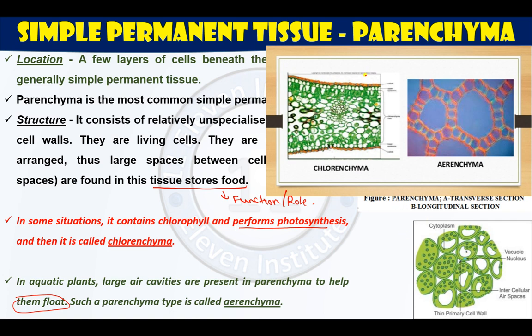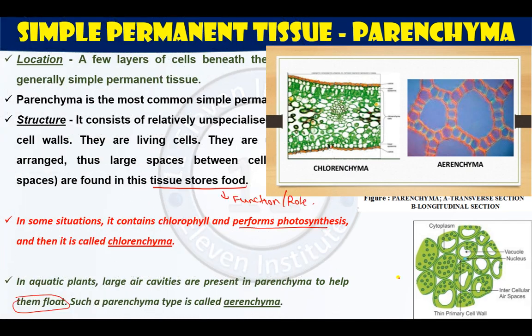Yes, so this is the image that shows us chlorenchyma and aerenchyma. You can see air cavities are filled. Right, so it is aerenchyma and you can see a green pigment chlorophyll is filled inside. Hence it is known as chlorenchyma. Yes, one thing I would like to mention is that if possible, please try to draw this one diagram.